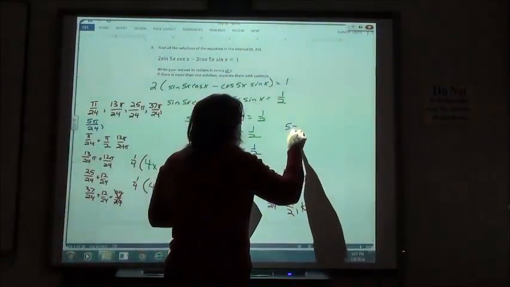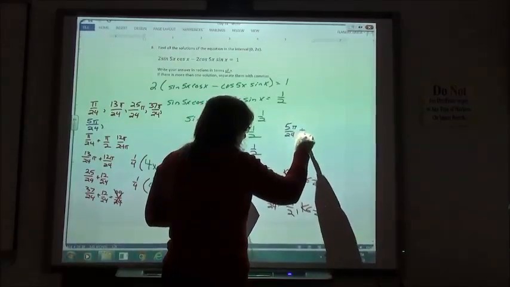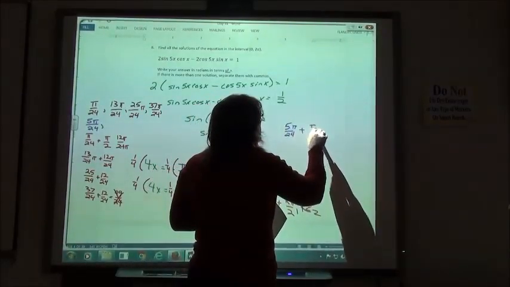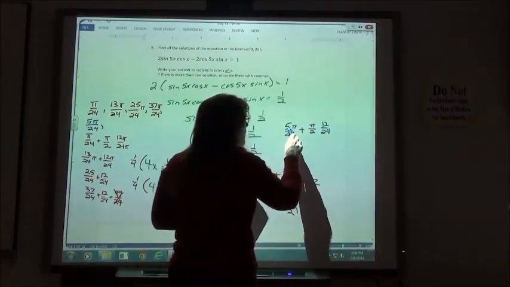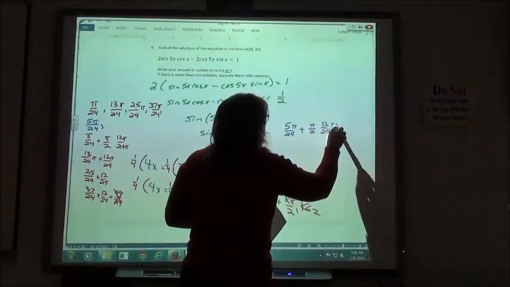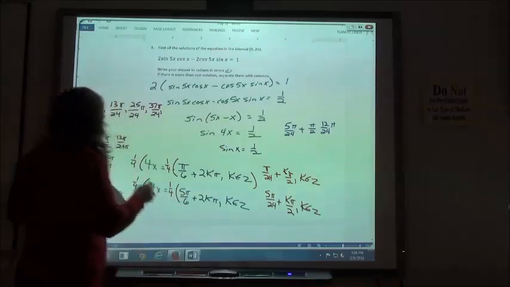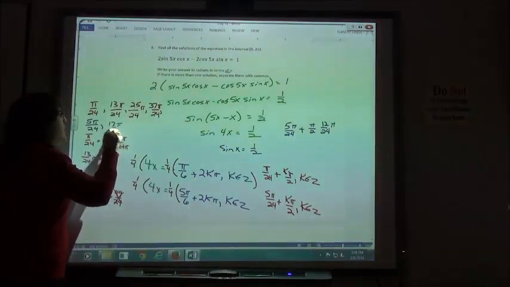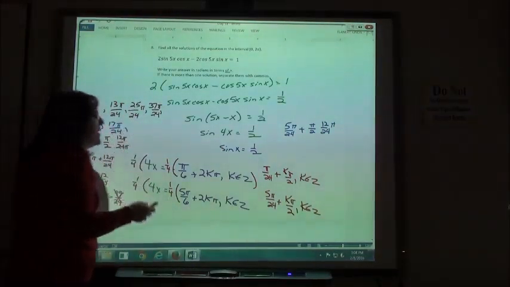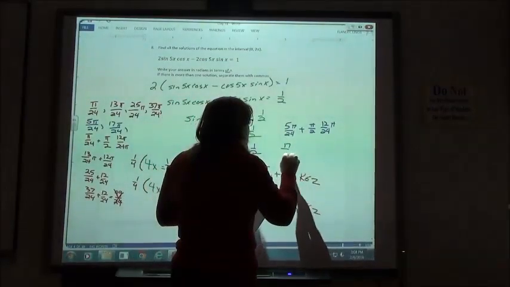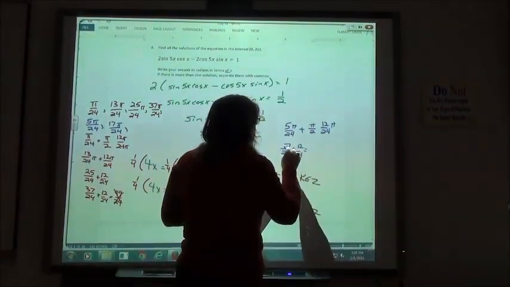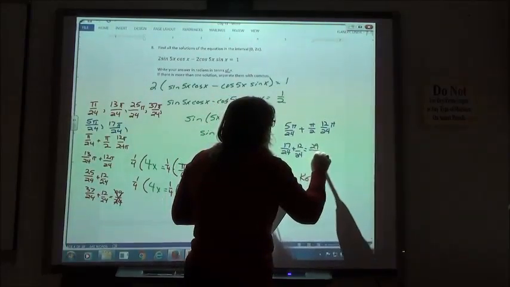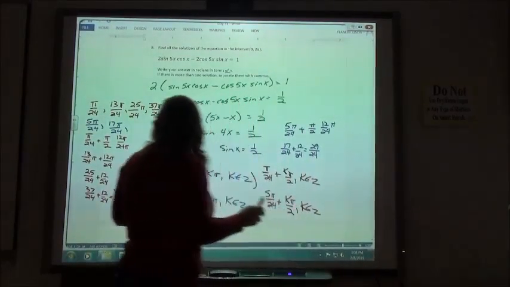So I'm going to take my 5 pi over 24 and add pi over 2, which again was 12 24ths. So 5 plus 12 would give me 17 24ths. 17 pi over 24 adds to my list. So 17 24ths plus 12 24ths would give me 29 24ths.